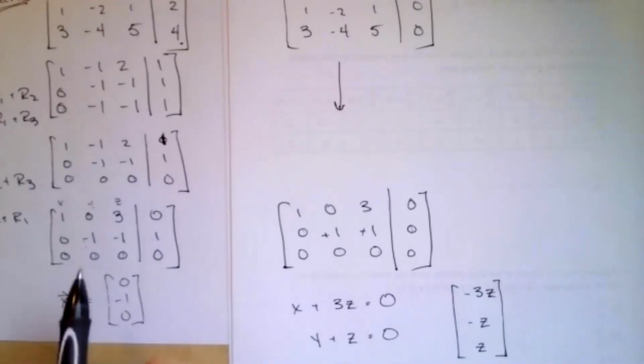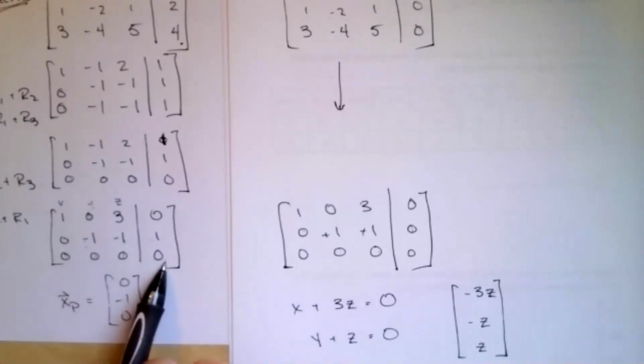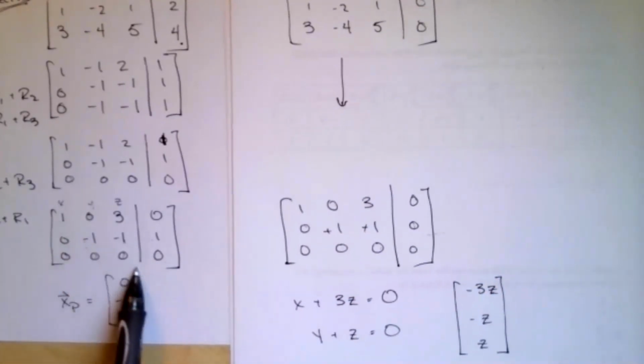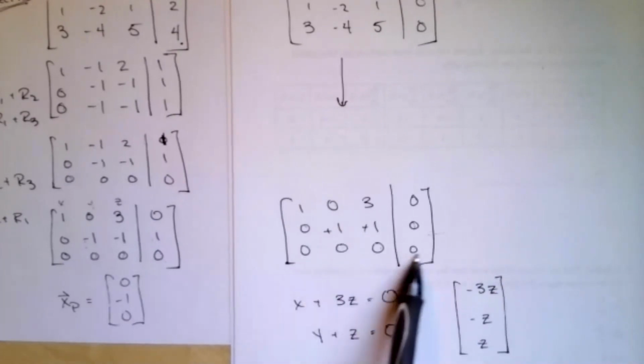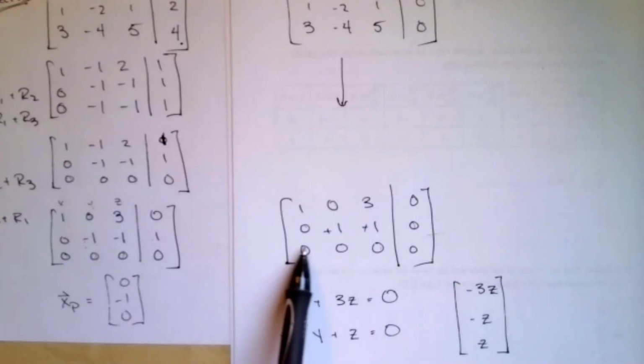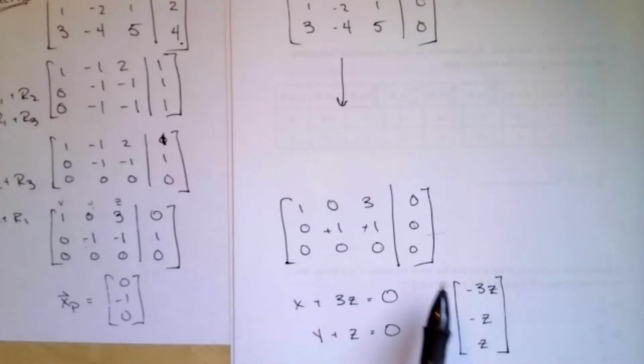How many rows of zeros did we have in reduced row echelon form? One row of zeros. What is the rank of our matrix in reduced row echelon form? We have 2 non-zero rows. So the rank 2 plus the nullity is going to give us the total dimension, our 3 by 3, meaning our nullity, our null space, which is also another name for the kernel, should be one-dimensional.